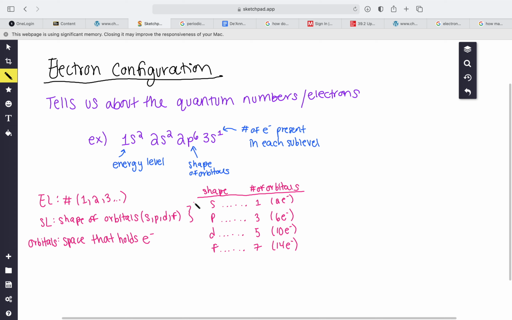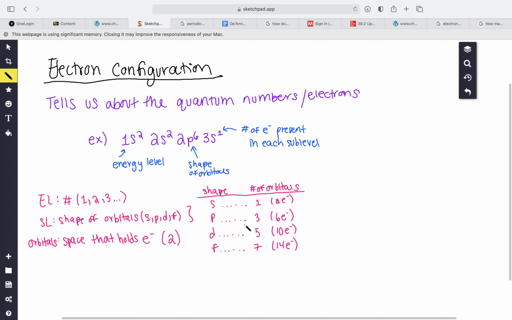In each orbital, there's always going to be 2 electrons. Drill this in your head: one orbital can have 2 electrons. So the shape tells us how many orbitals there are. S has 1, P has 3, D has 5, and F has 7.